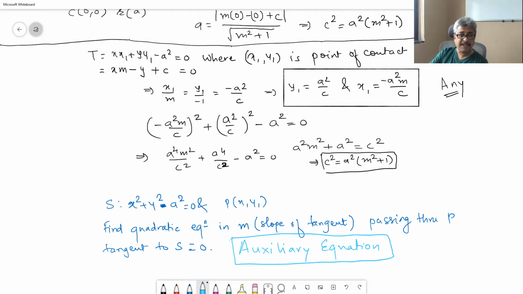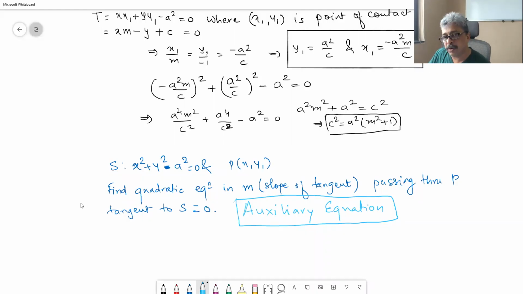This is easy, circle with center at origin, but find out that auxiliary equation, quadratic equation in slope m.